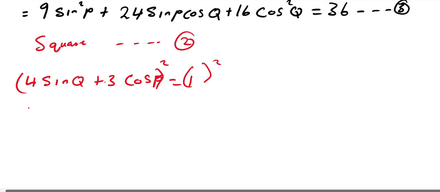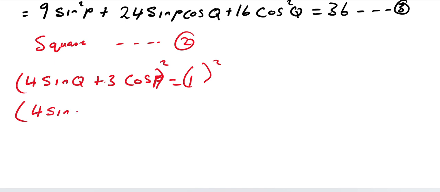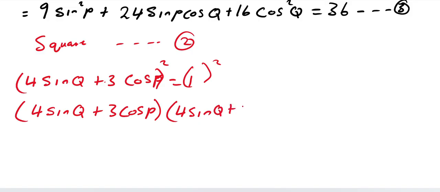Let's expand it: 4 sine q plus 3 cos p, times 4 sine q plus 3 cos p, equals 1 squared, which is the same as 1. Do you get me? If you get me, say yes, sir, I got you.